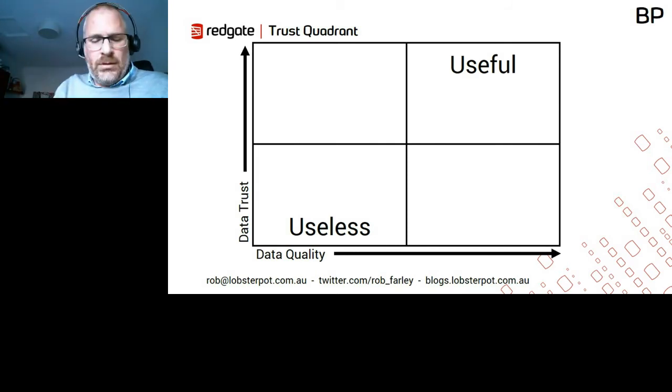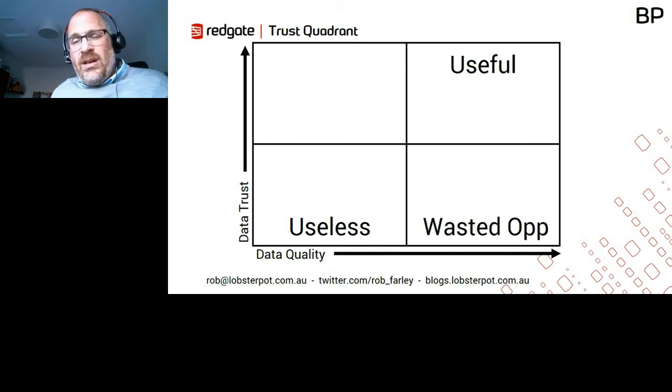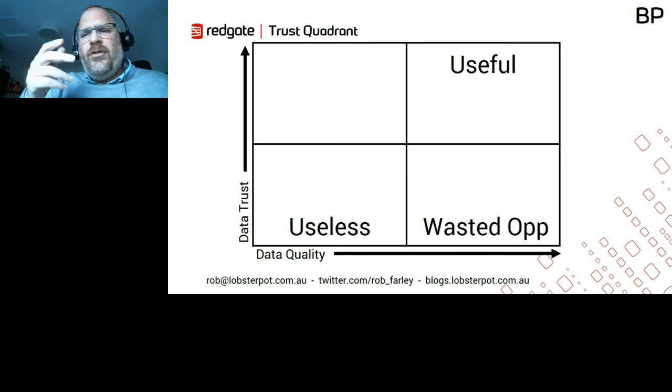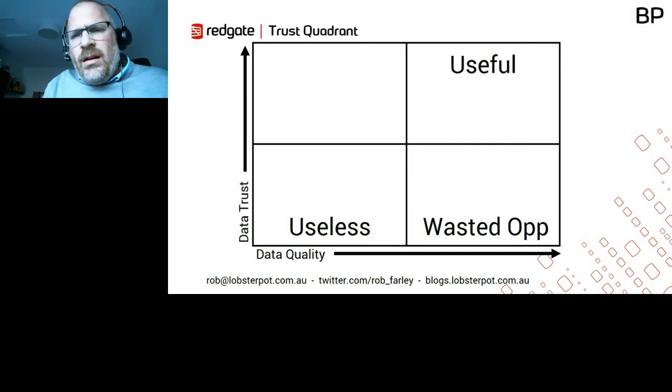The other two, though, this is more interesting. I kind of figure that if we've got good quality data, but we're not trusting it, it's a wasted opportunity, right? I mean, at the end of the day, if you've got some strong data and everybody just goes, yeah, but we don't really trust that. And you know, especially as a data professional, that you've fixed it. Or as a business person, you've invested in that and you're missing out.